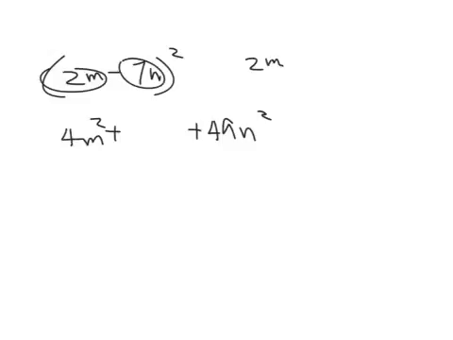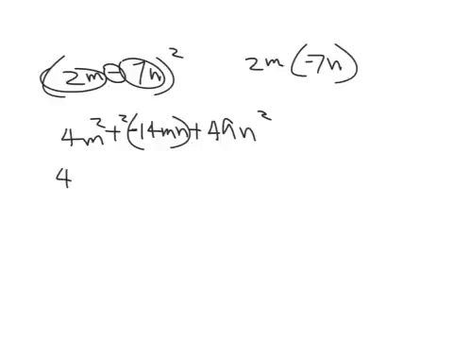So 2m times 7n would be 14, negative 14, that negative sign, that should be a negative 14mn, and then that's going to be multiplied by 2. Remember I said you have to multiply that by 2. So you get 4m squared minus 28. 2 times negative 14 is negative 28. Okay? And you're done there.